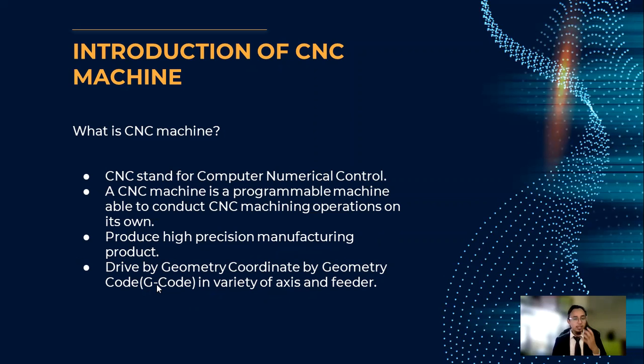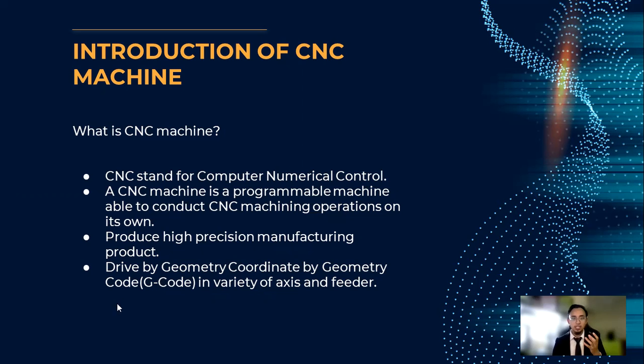Axis: in machines, there are many types of machine in this world. Some machines have 2 axis, 3 axis, 4 axis, 5 axis, 6 axis, and maybe more than 6. I'm not sure, but the main point is G code can control a variety of axis and feeder.